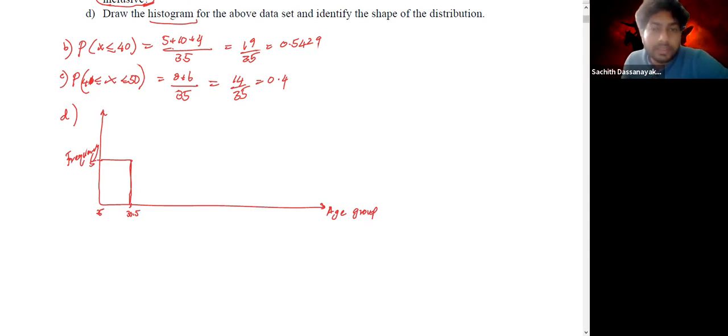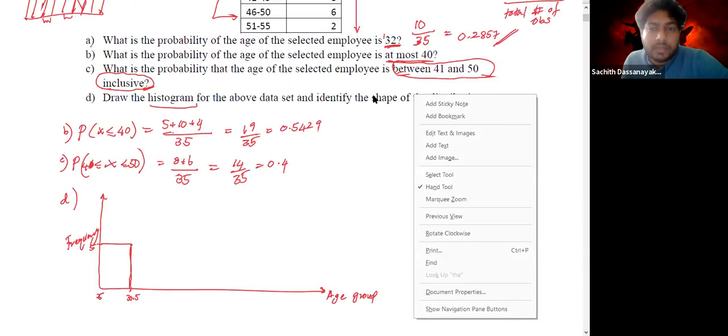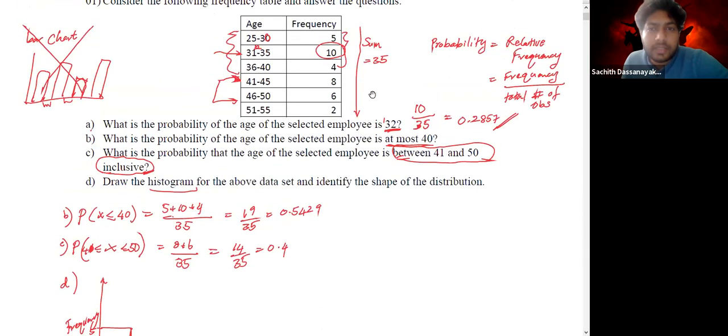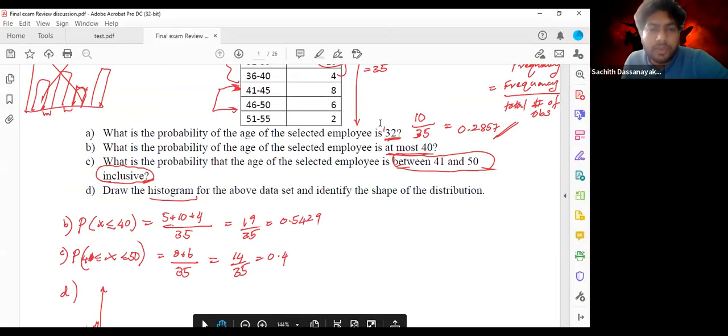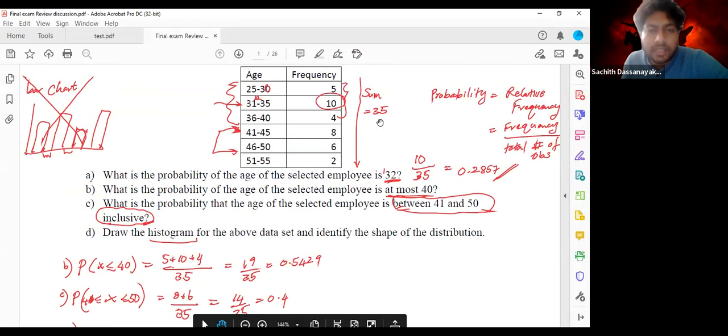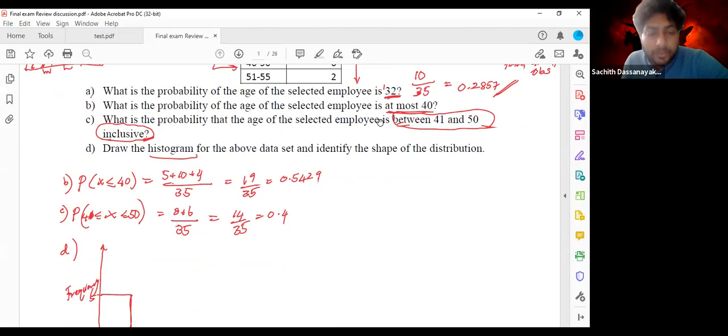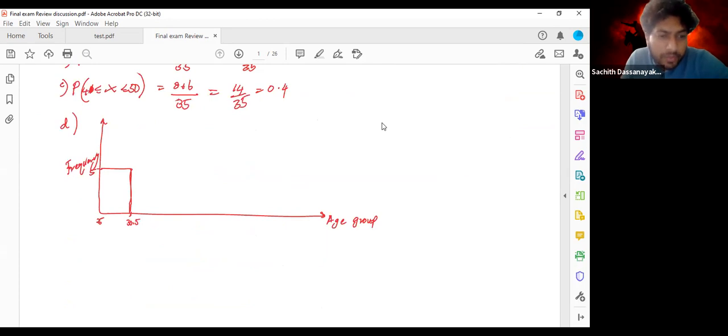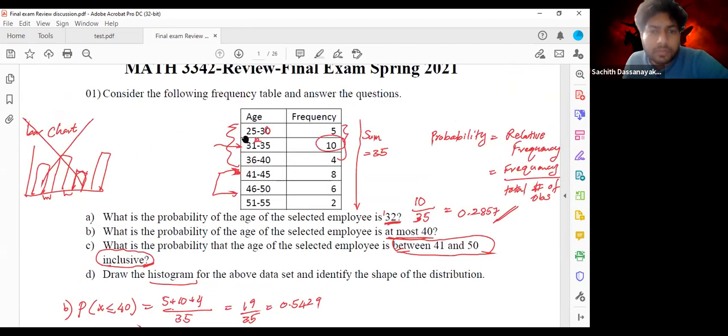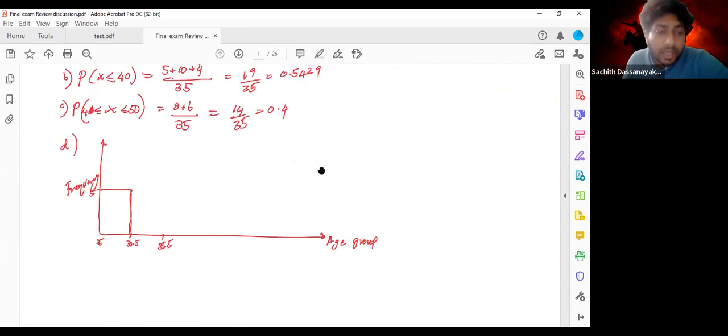Next one is 31 to 35, which means starting from 30.5 to 35.5, because the next one starts from 36. In that case the frequency is 10.